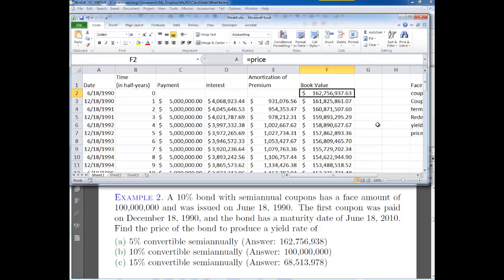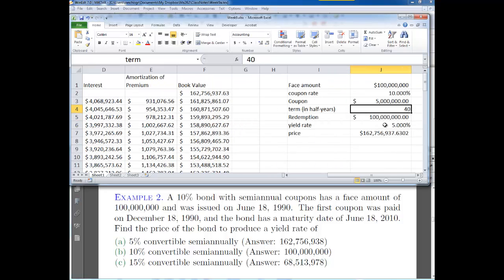$172,756,937.63. Okay. And then all I have to do now to do the other parts is to change the yield rate to 10%.